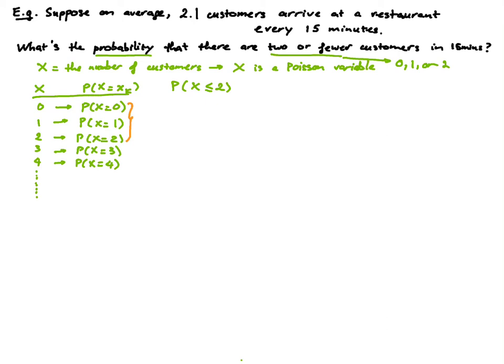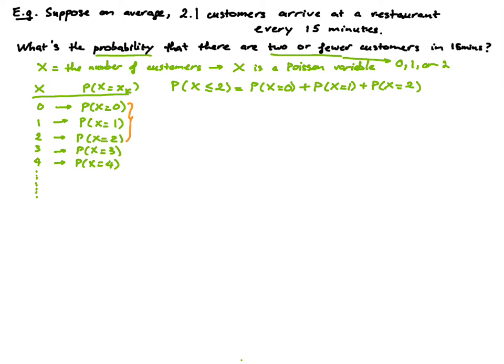And so to do this kind of problem, all you have to do is add up the probabilities of the individual numbers. So the probability that x is less than or equal to 2 is equal to the probability that x is 0 plus the probability that x is 1 plus the probability that x is 2.